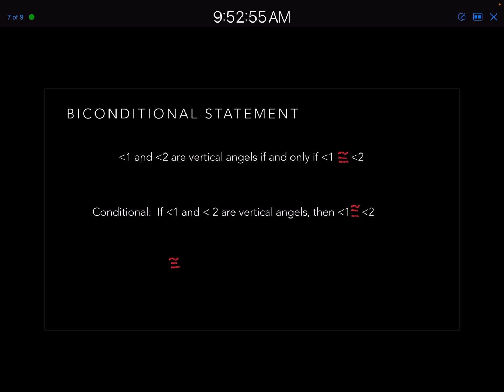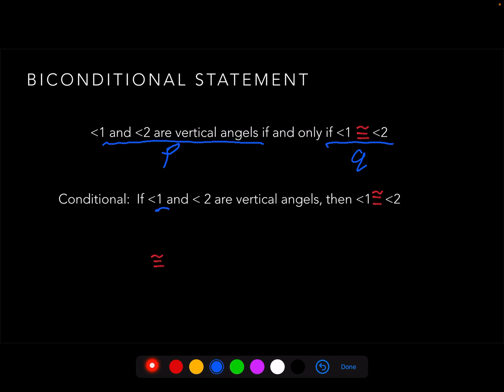Okay. Now that we have it as a conditional statement, we can write the converse of it. Again, we said this was our P value, and that was our Q value.